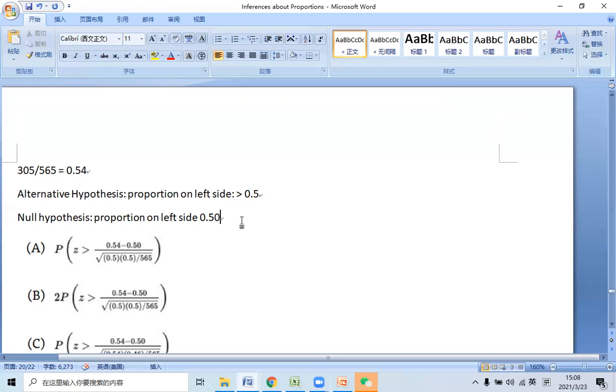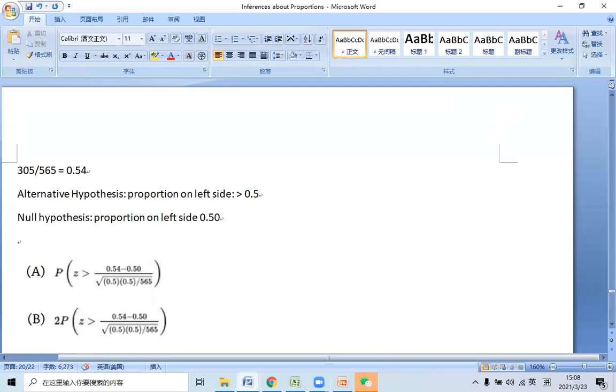Your sample statistic is actually a proportion.